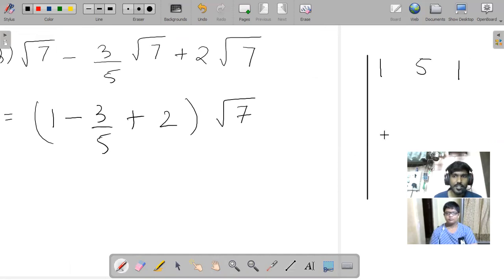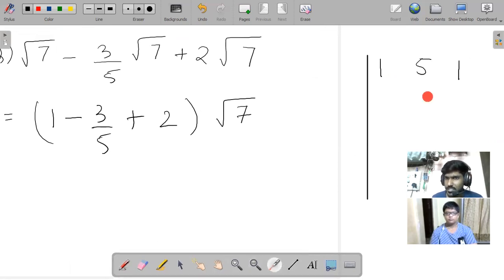But by the way, these numbers are so easy that just looking at it, you can tell what will be the LCM of these 3 numbers. Can you tell me what will be the LCM? 5. Yes, 5 will be the LCM. But if there are different numbers, suppose if it is 2, 8, and 12, then you have to do this properly, you have to do this method. But this is quite easy. So looking at it, I can tell the LCM is 5.